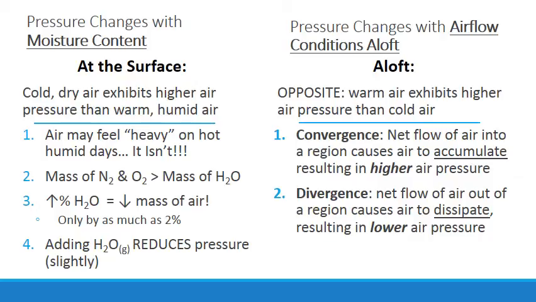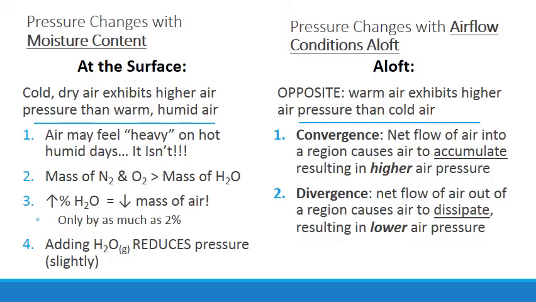The movement of air causes changes in air pressure. For example, in situations where there is a net flow of air into a region, air accumulates. That phenomenon, which is called convergence, causes air to be squeezed into a smaller space, and that results in a more massive air column exerting more pressure at the surface.